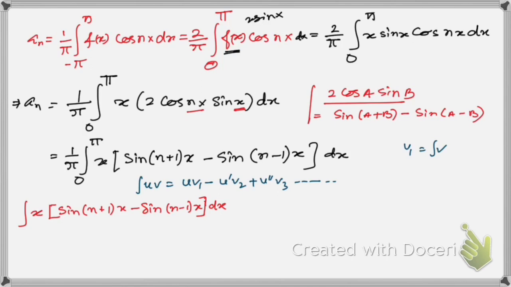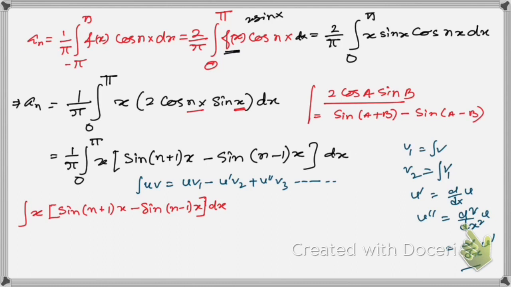So v2 is integration of v1, right? And u dash means first order derivative of u, and u double dash means second order derivative of u, right? So you can say derivative of u dash, and so on. So hope you have understood these things.